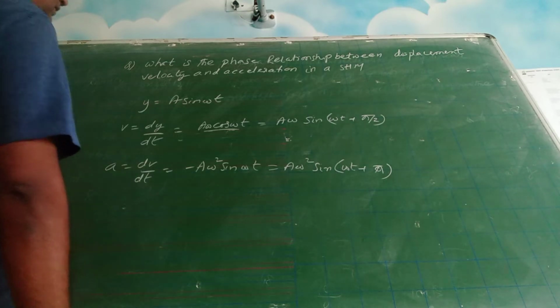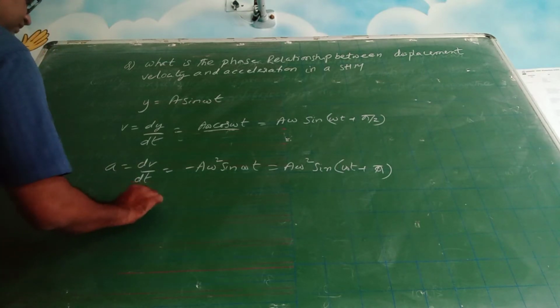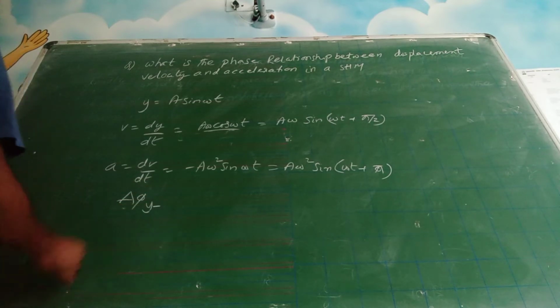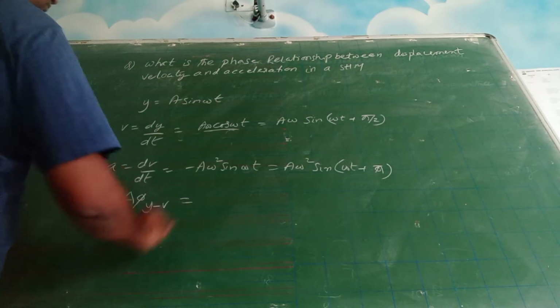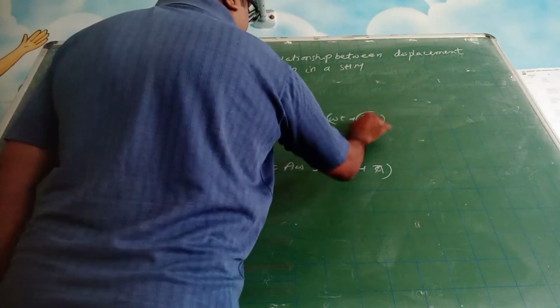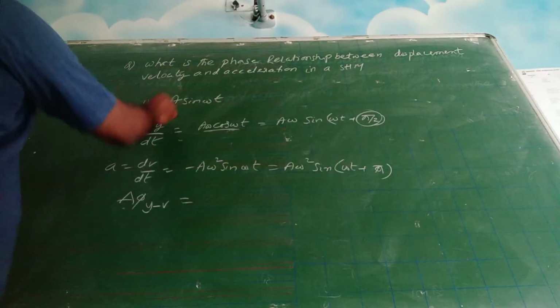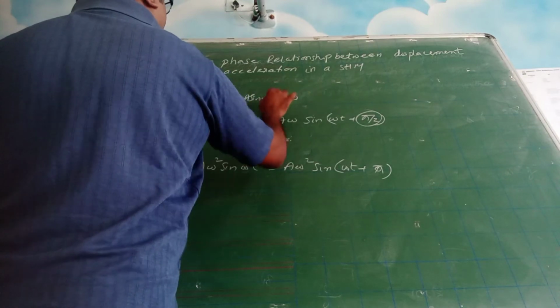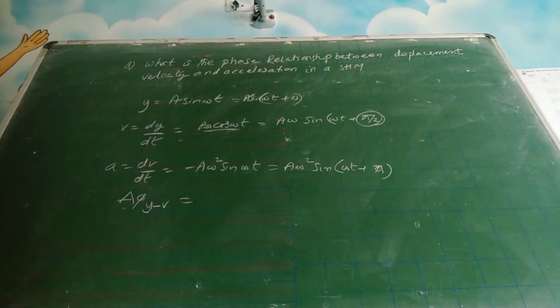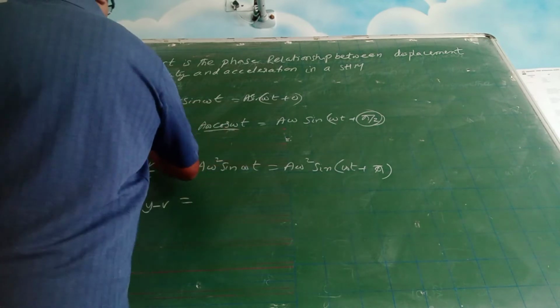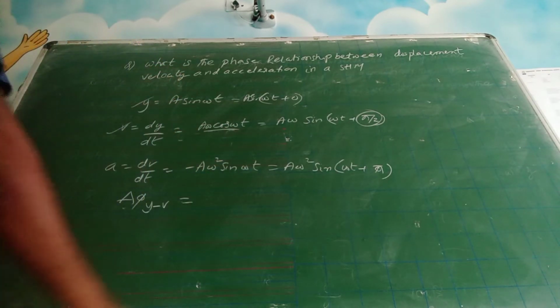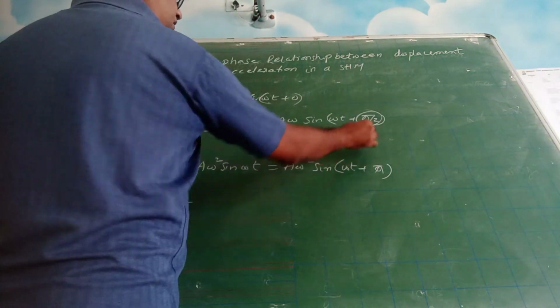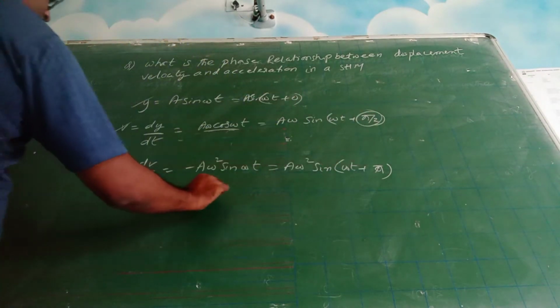Alright. So if you want to know the phase difference between displacement and velocity, look here, the phase difference here is pi by 2, because this can be written as a sine omega t plus 0, where 0 is the initial phase phi. So the difference between velocity and displacement is pi by 2. Omega t cancel, pi by 2 minus 0, pi by 2.